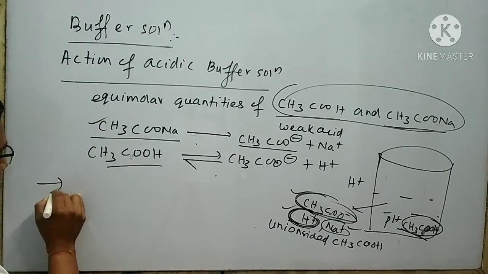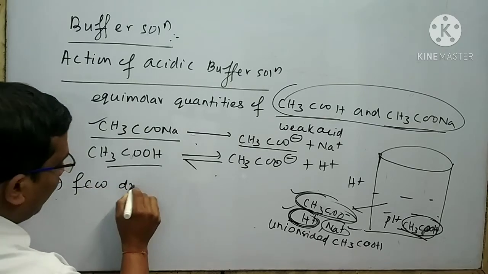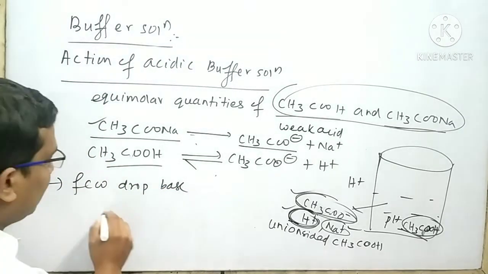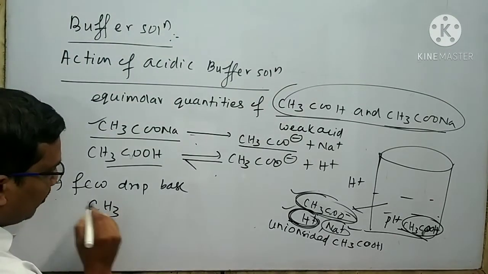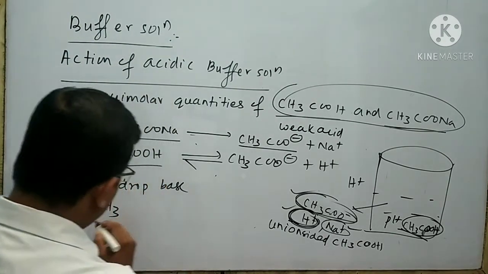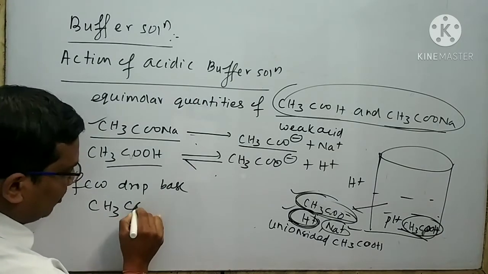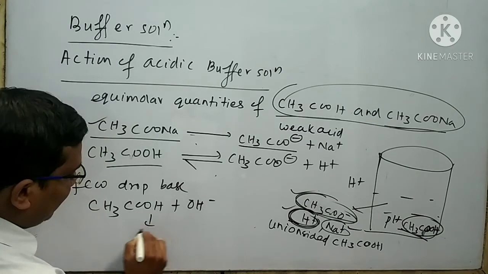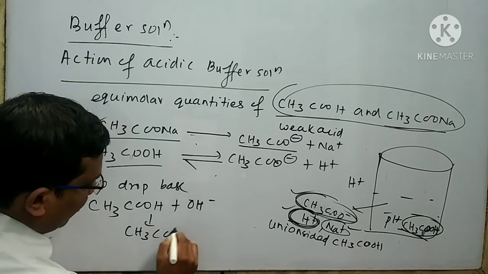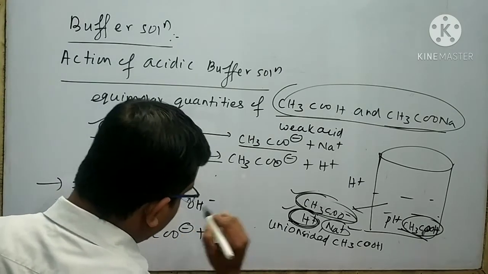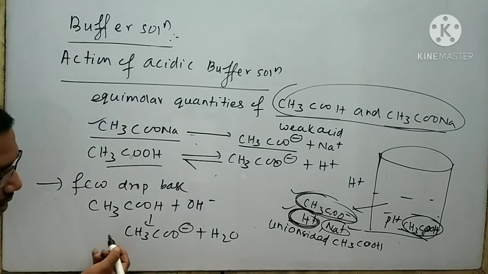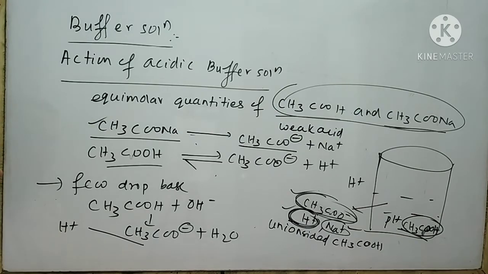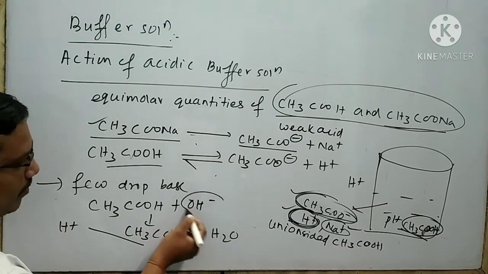If I add a few drops of base from outside, then what will happen? This type of reaction will happen: CH3COOH plus OH minus gives CH3COO minus plus water. Look at that. Here there is no formation of H plus ion by the addition of base from outside.